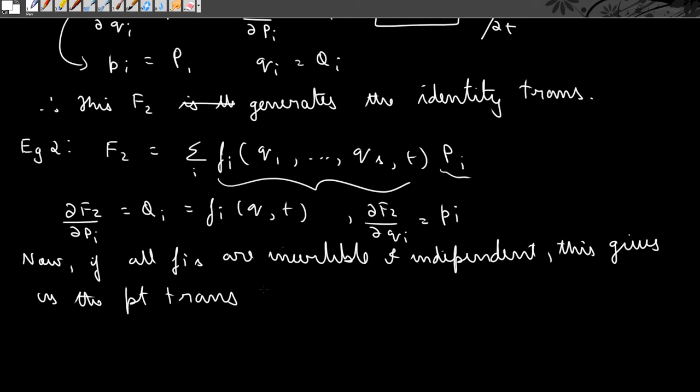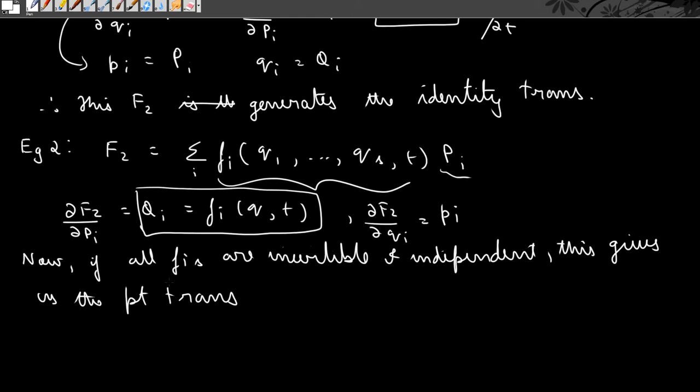We have seen already what a point transformation is in one of our previous lectures. If you consider this particular equation, we are expressing the new coordinates as independent invertible functions of the old coordinates and time, which is nothing but what we called the point transformation.